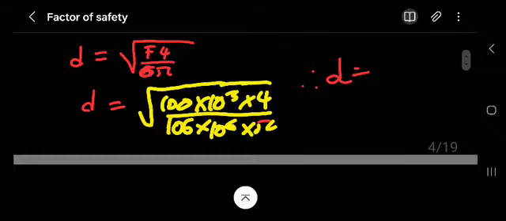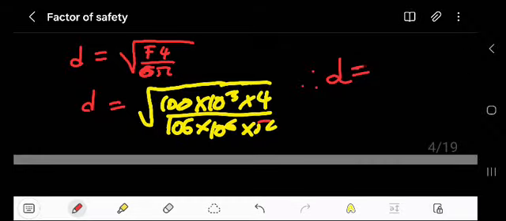So here I got 0.0346, but if you want it in scientific form, you press shift, which will be 34.658 times 10 to the power of minus 3 meter.